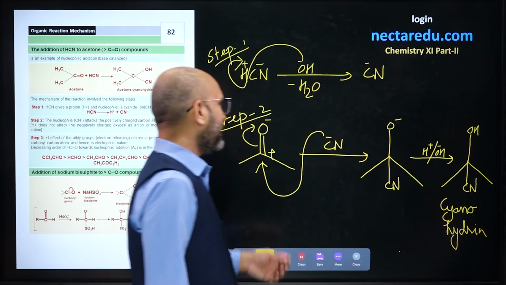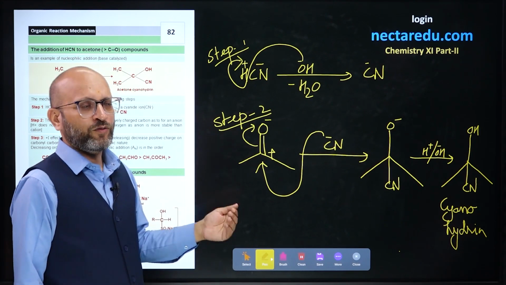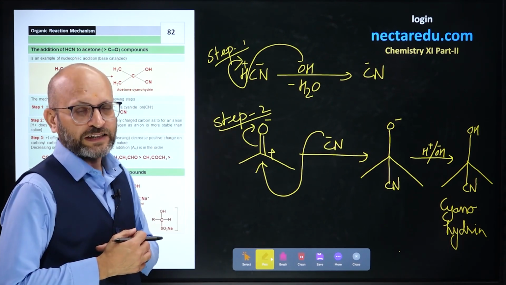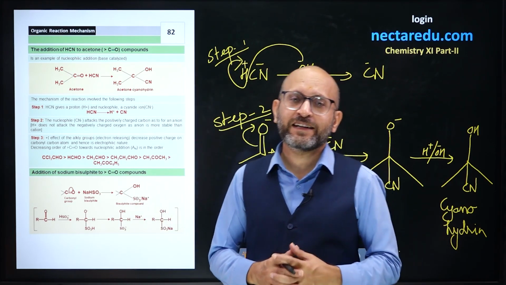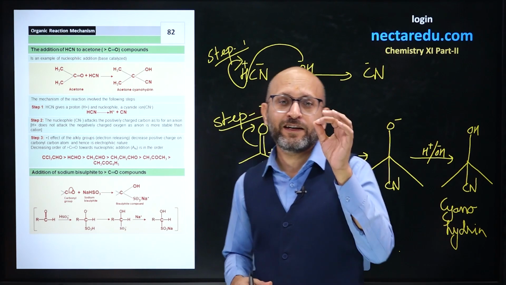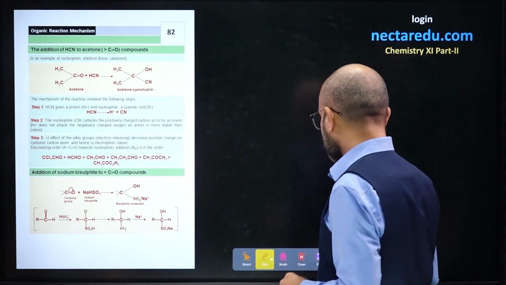Alright. So any carbonyl compound, aldehyde or ketone, both can show such reactions. Now the question arises, which will show better reaction, aldehydes or ketones? So let us discuss this.